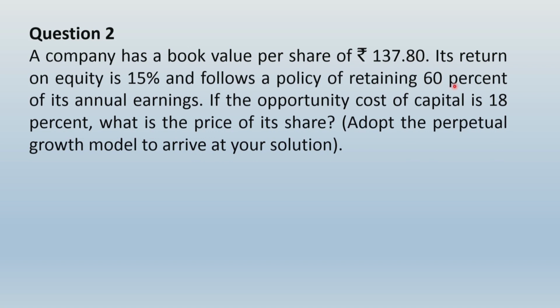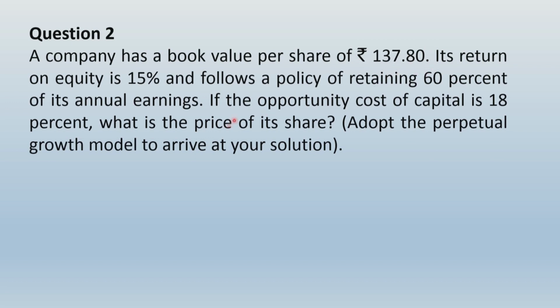If 60% of the earnings are being retained, it indirectly would mean 40% of the earnings are distributed by way of dividend. That means you can figure out what would be dividend, then return on equity given and retention ratio given. Through that you can figure out the growth rate, and this is the net worth per share, that is book value per share. Don't consider this as P0.